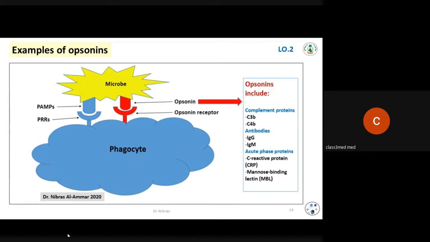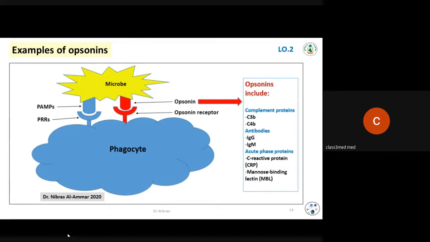Each opsonin has a specific receptor on the phagocytic cell. For example, the complement has a receptor on the phagocytic cell. That means the receptor on the phagocytic cell will bind to the complement and then proceed to phagocytosis.